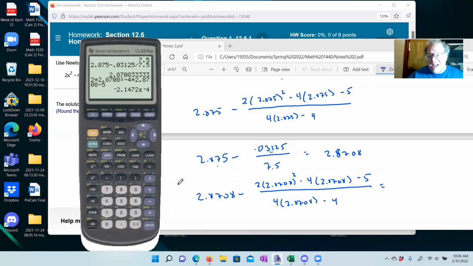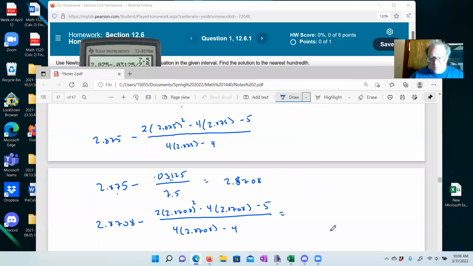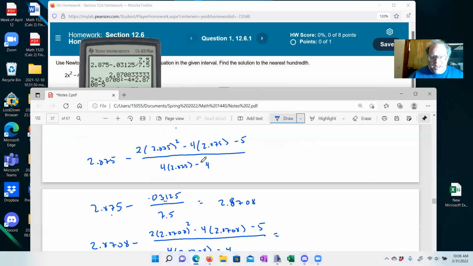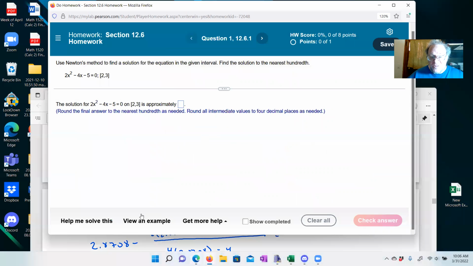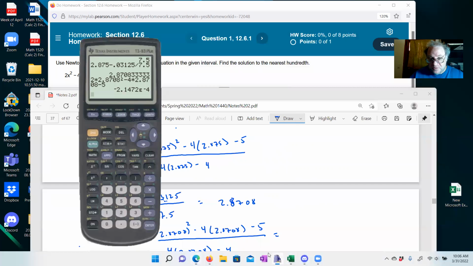So we have negative 2.01472. If I use scientific notation, that's fine. But since they wanted the 4 decimal places, we'll just do that. This is starting to get really close to 0, so I'm pretty happy that this might be the last time I have to do this.